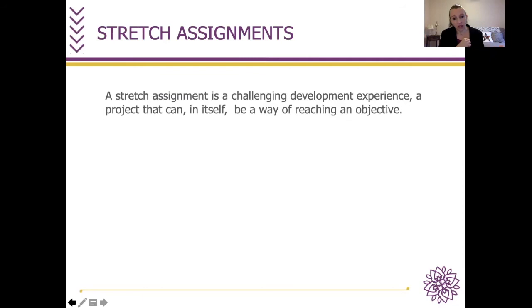What are their areas of development? Where's the stretch? What motivates them? And think about all the objectives that your team is trying to achieve and have a little think about how could I stretch that person? With what kind of project, what kind of assignment could I develop this person?